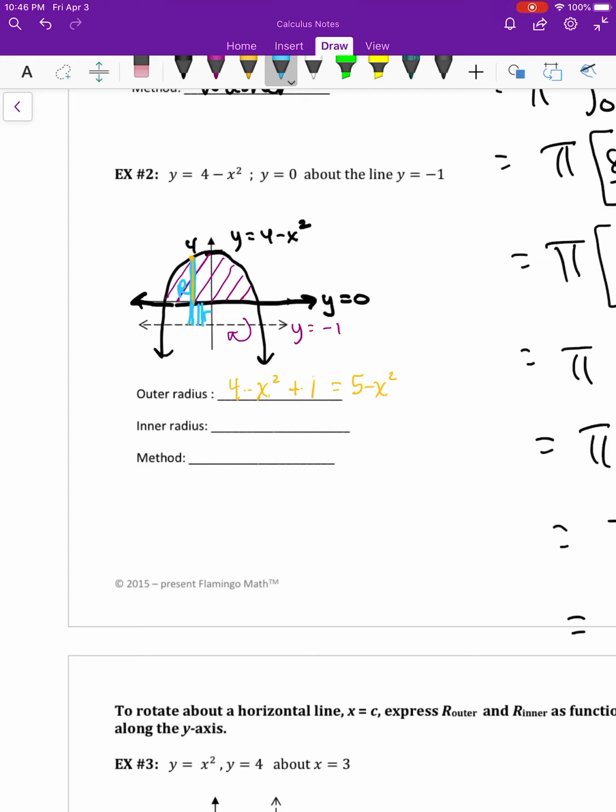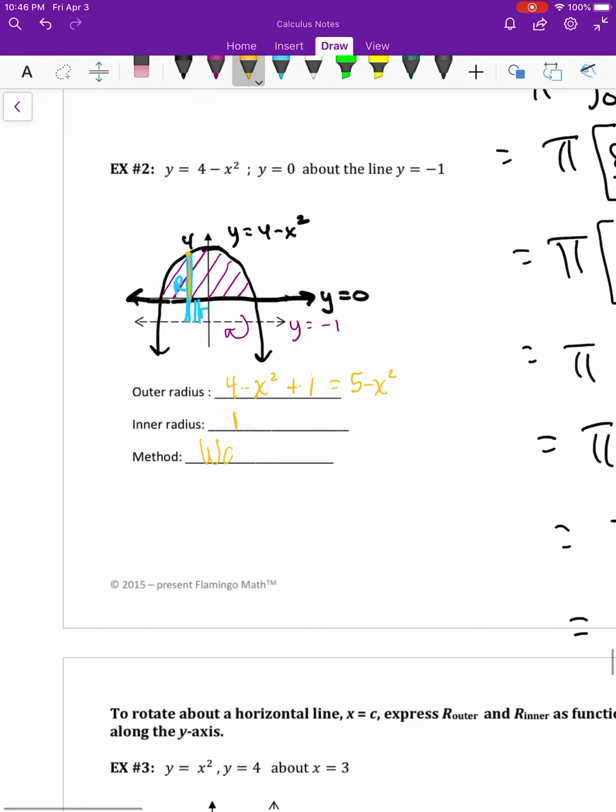So if we've got this, what is that? The whole way across. For that whole time that you're going across, it is always just a distance of 1. So if that is a distance of 1, that inner radius is going to be 1. This is washer method.